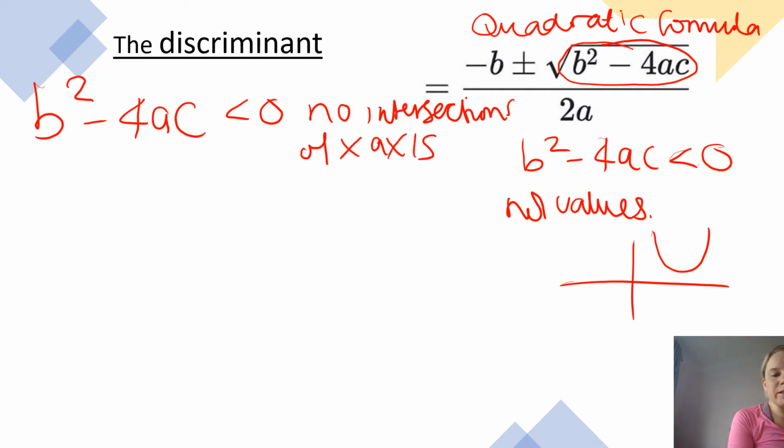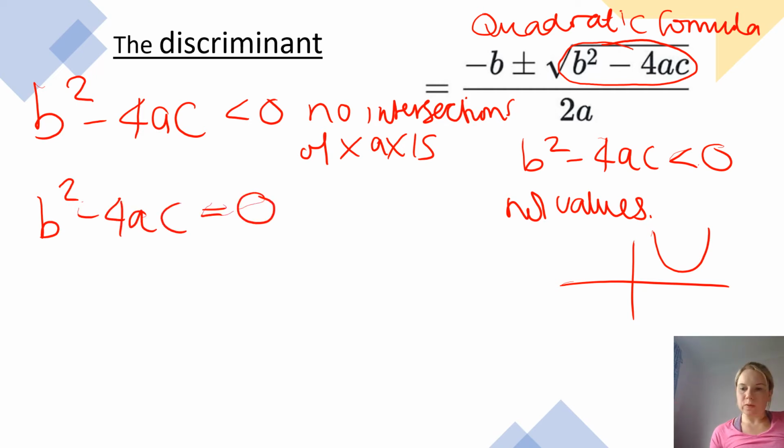Now if b squared minus 4ac equals 0, if you think about what happens, under the root you'll just end up with minus b plus or minus 0. So whether it's a plus or a minus, you're going to take away 0, and you only end up with one root.